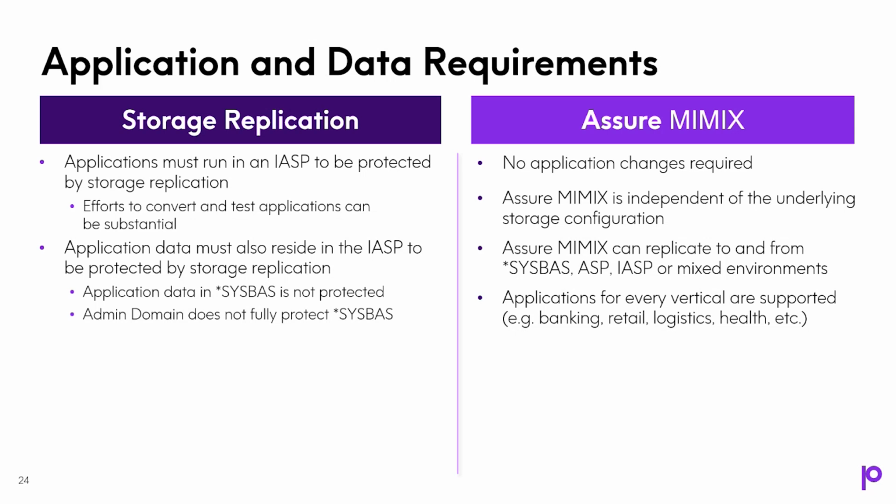So the name of the game, if you're going to do this with IASP, is you would get everything you can into the IASP. But what if you can't, right? There are things that need to be in sysspace. What if you have an application that requires something in sysspace, or maybe your application doesn't support independent ASP? What do you do then? So that's a dilemma for storage replication solutions, is that they have really incomplete coverage for sysspace.